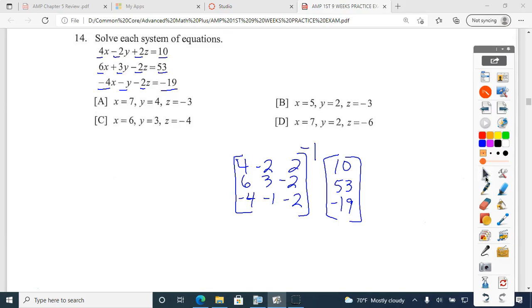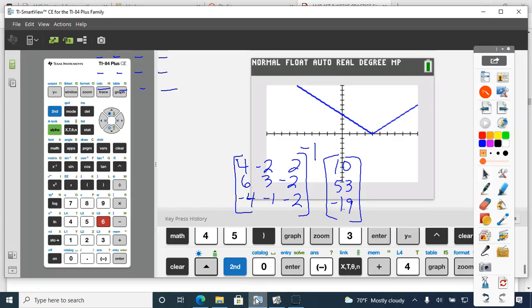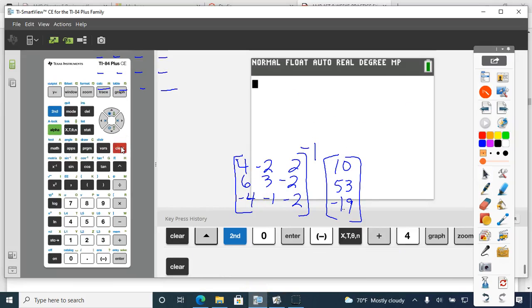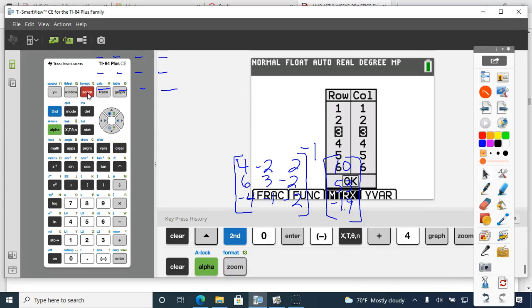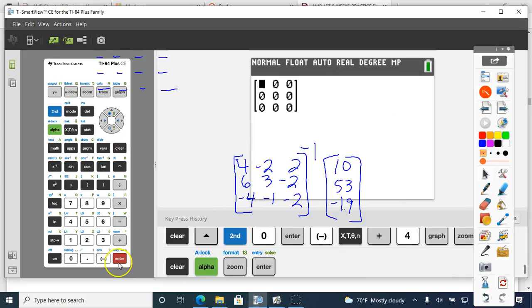Okay, so let's go to my calculator. I think I put it where I can see it and not get in the way, so we're going to clear that out. To bring up your matrix, you hit alpha zoom, and the first matrix is a 3 by 3, and you type in your numbers. Remember, don't hit enter. Use the arrow button to go to the next number.